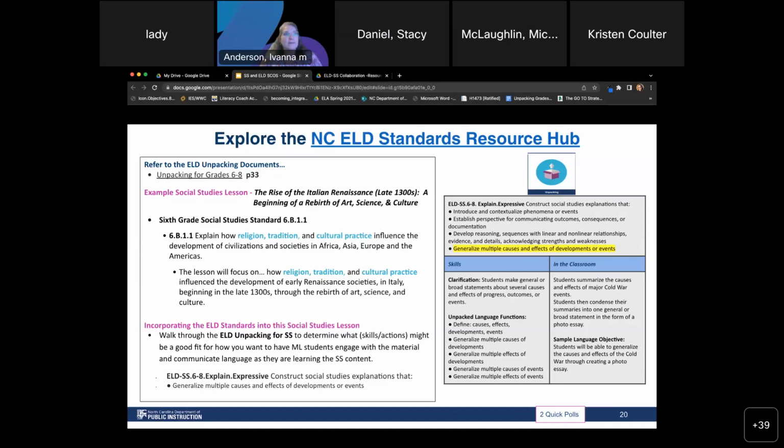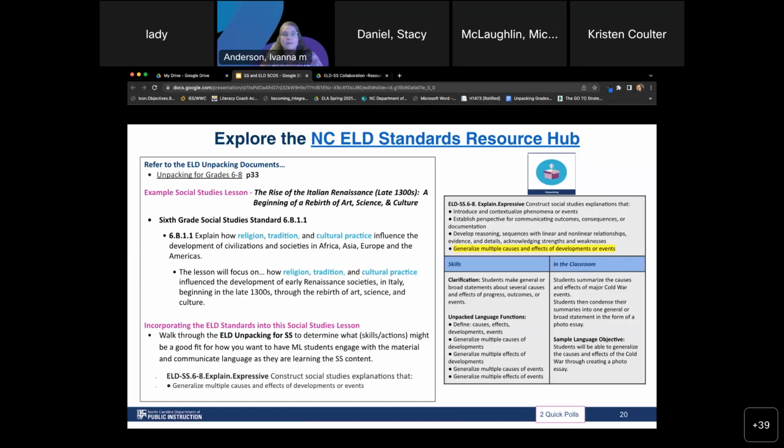With that, they've kind of walked through there, and as they determine the skills they want to really work on with all students, they looked at this and said, perfect, bingo, because this is not only going to help all students, specifically, I'm finding out this is a great way to really help my multilingual students. And so this teacher has picked out the 6-8 explain and the expressive for the mode of how that student is going to work with that.